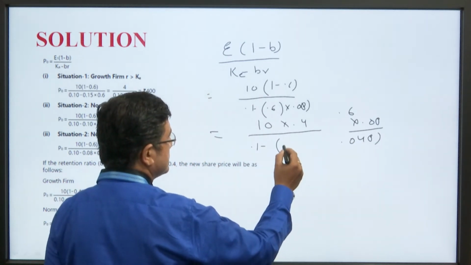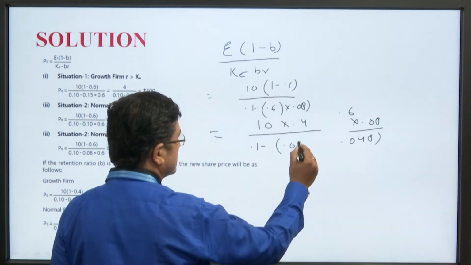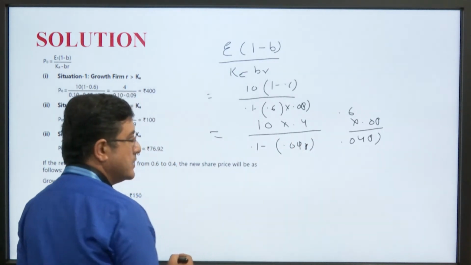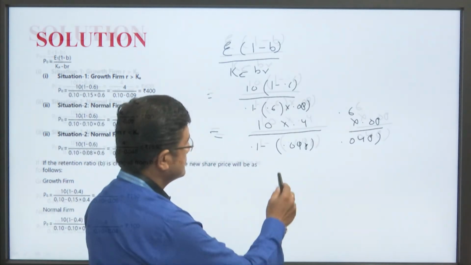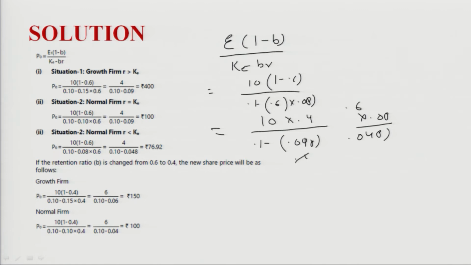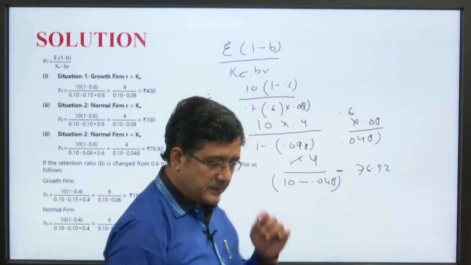So, that is 4 divided by 0.10 minus 0.048, that equals 76.92.